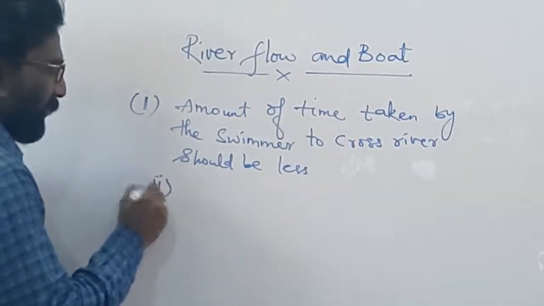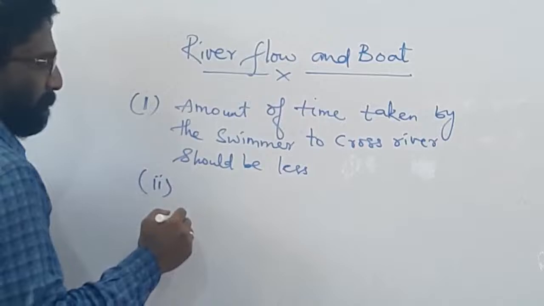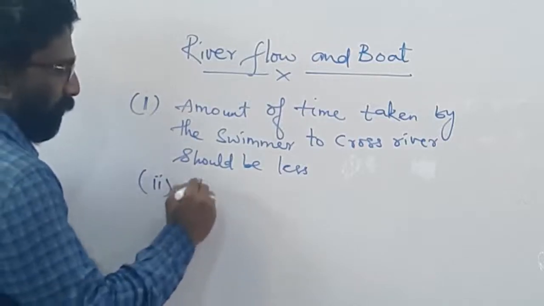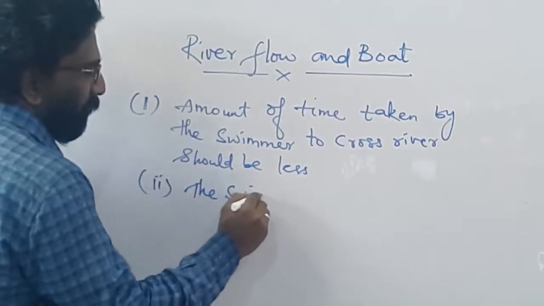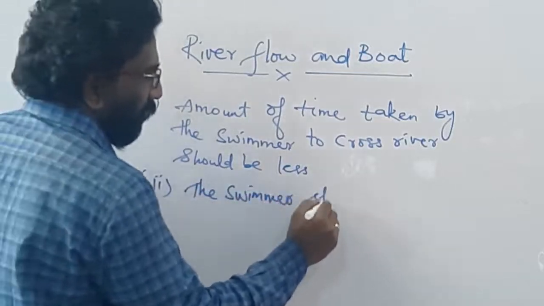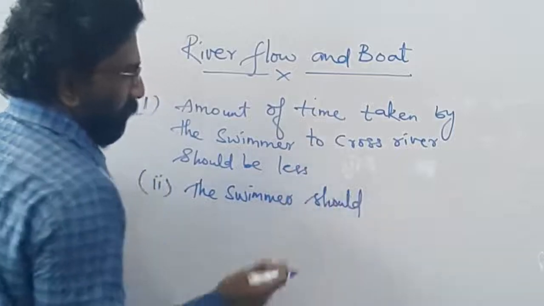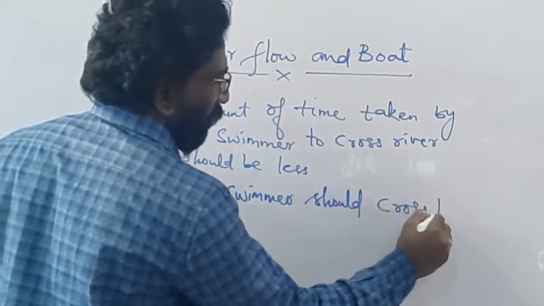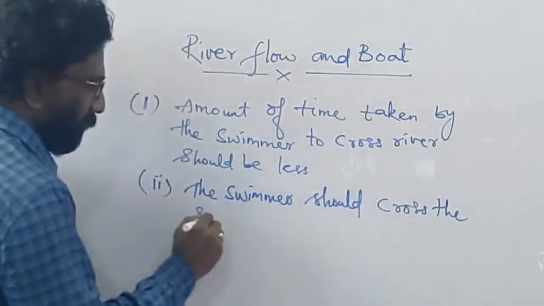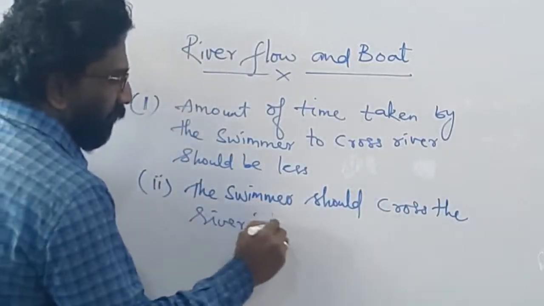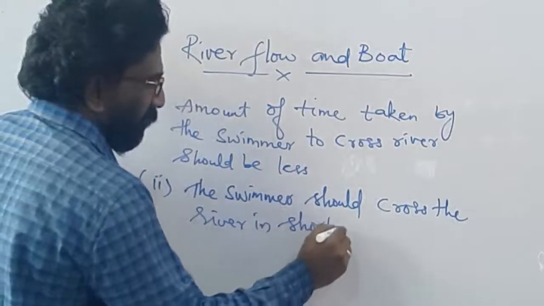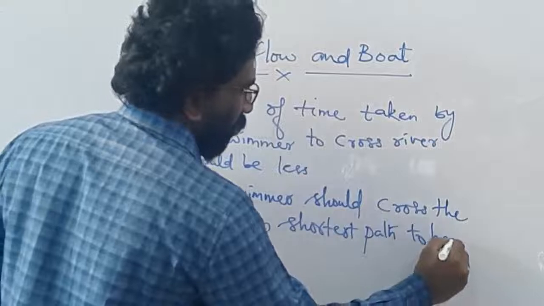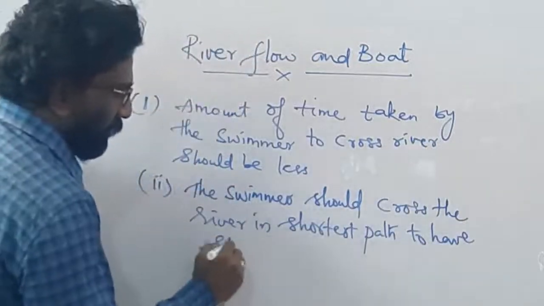Then the second case is that the swimmer should cross the river in the shortest path, to have a short distance.